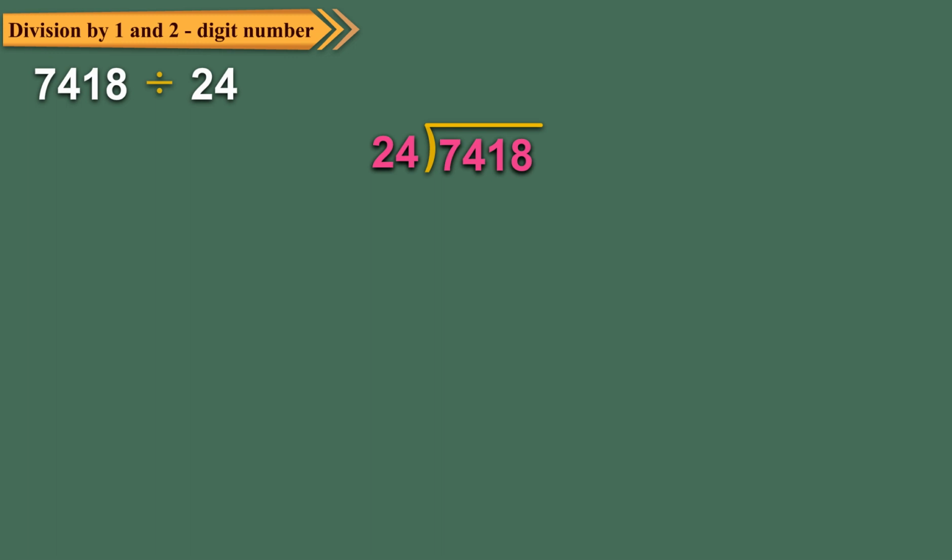This number is 74. Also, 24 multiplied by 3 is equal to 72. And 72 is less than 74. So, write 3 as the first digit of the quotient. Write 72 just below 74 and subtract to get 2.